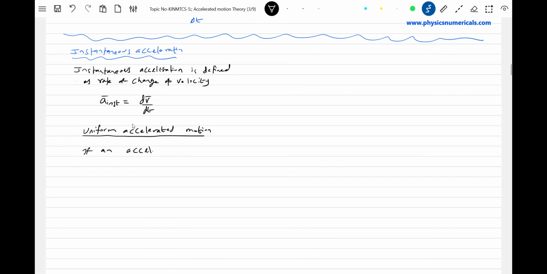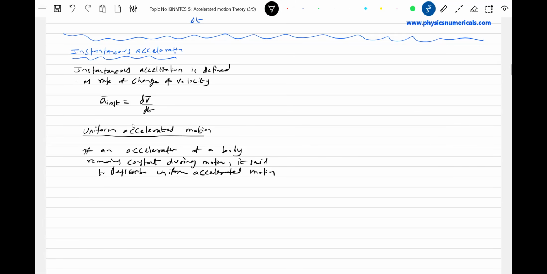If an acceleration of a body remains constant during motion, it is said to describe uniform accelerated motion. The acceleration must remain constant during motion. Then the body is said to be in uniform accelerated motion. So how to express that uniform accelerated motion?